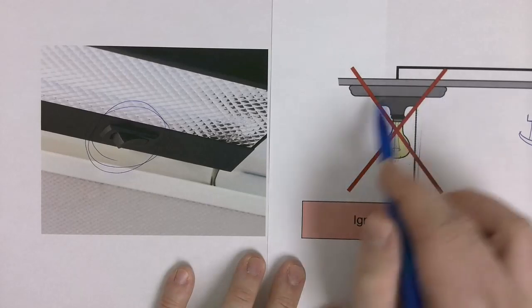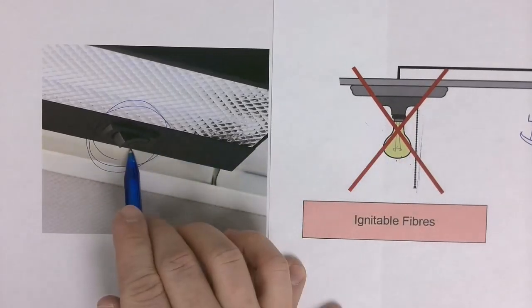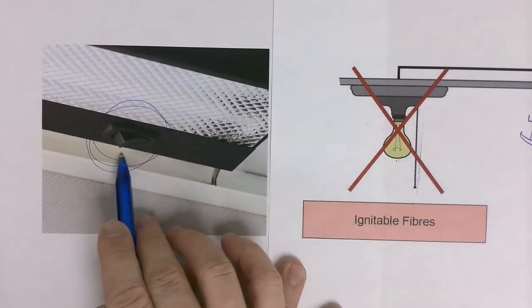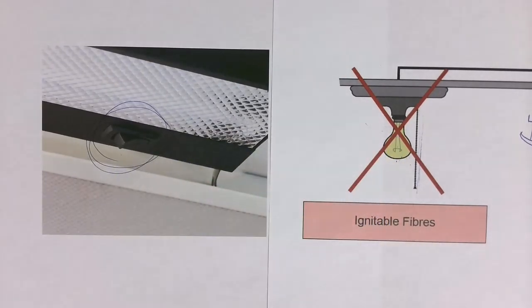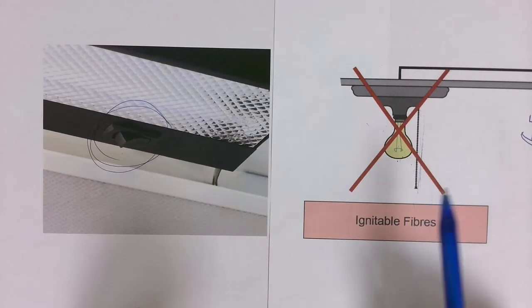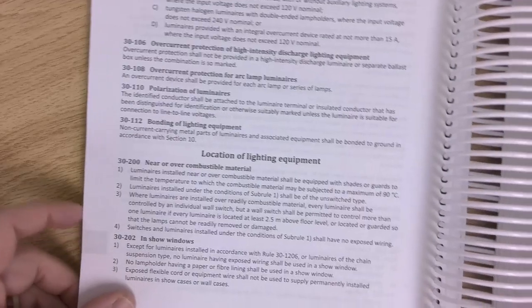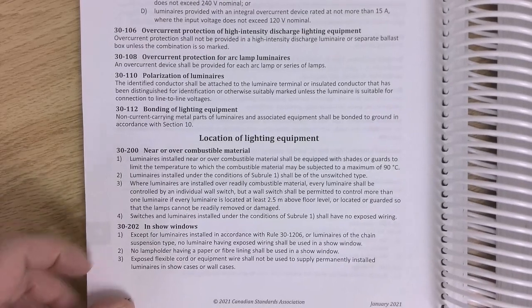So the canopy of the luminaire has the switch. These are also not allowed in closets. The lights in your closet need to have their own switches, usually a switch that's located on the wall as you walk into the closet. So if the light is causing some kind of combustion, you can turn off the light without going into the closet. And so these are the code rules talking about exactly what I was talking about.